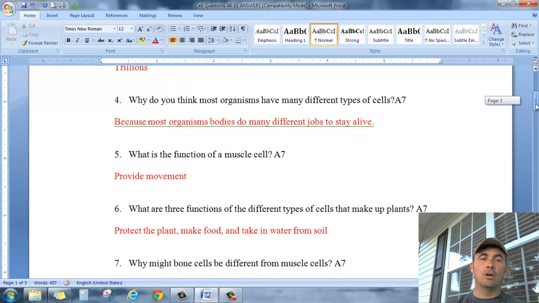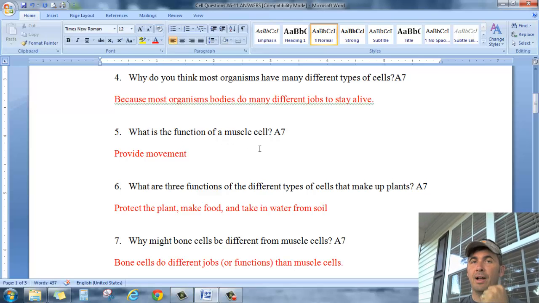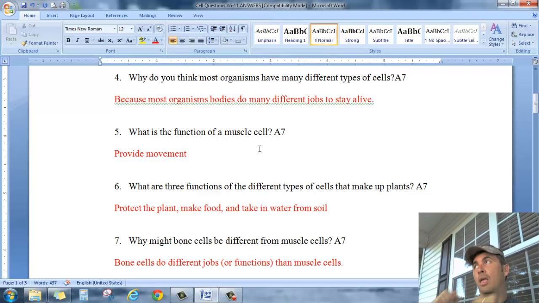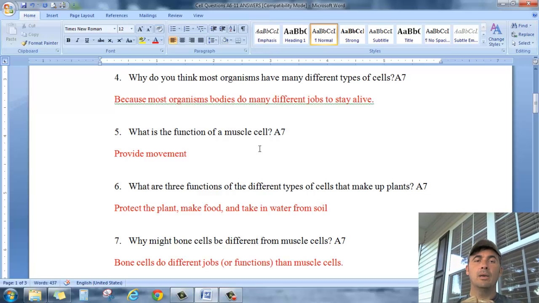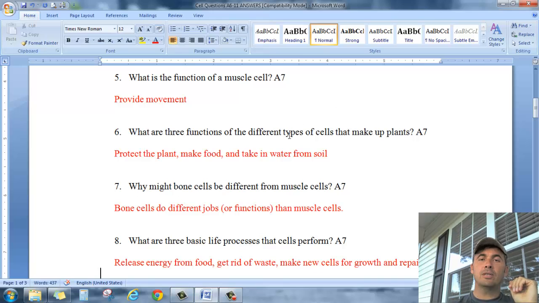Okay? So we really already answered this, but number 5, what is the function of a muscle cell? To provide movement. So you can move around. That's what a muscle cell lets you do. Number 6, what are 3 functions of the different types of cells that make up plants? Okay, well, plant cells are very unique.